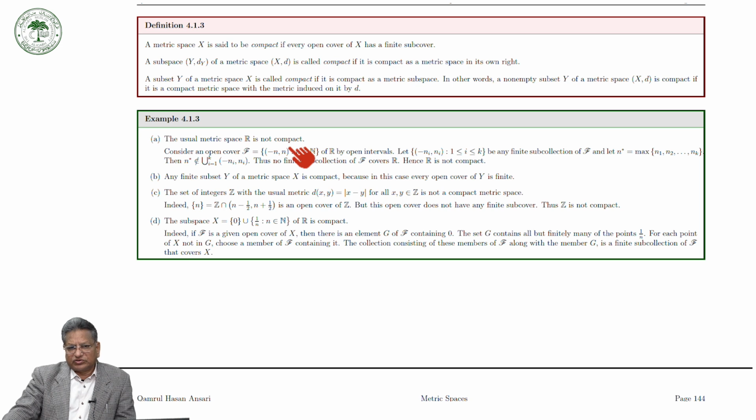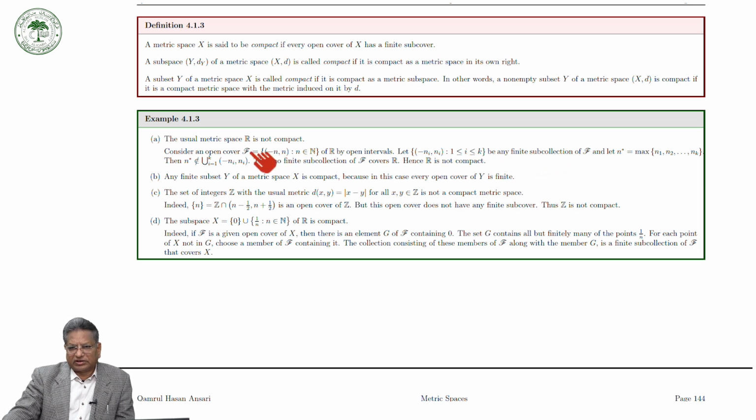Now you can consider it this way. Consider the open cover I showed you, with open intervals from -n to n. If you take the union of these open intervals, it will cover the whole real line, so naturally F is an open cover of R. Let us take a finite subfamily of this one, that is, (-n_i, n_i), where i runs from 1 to k. This is a finite subcollection.